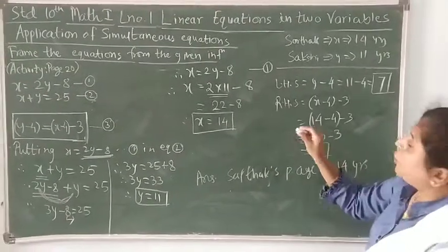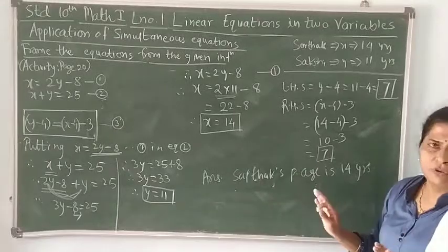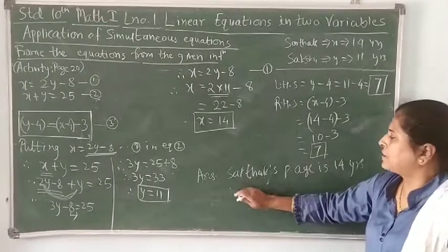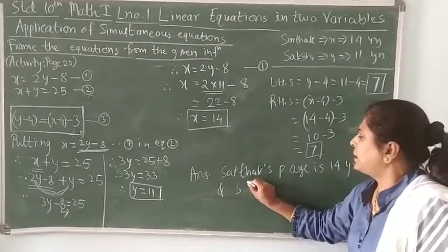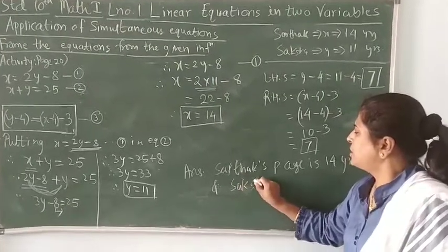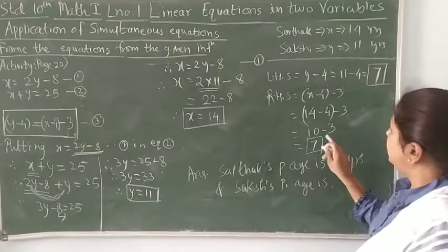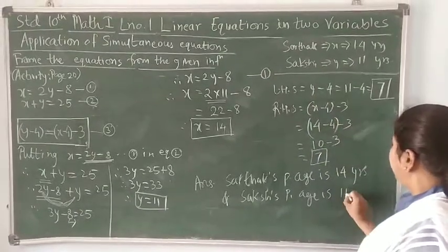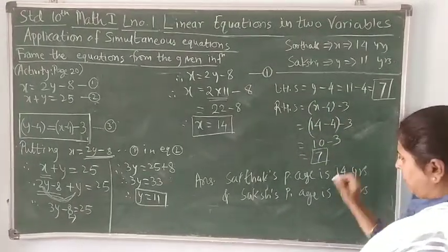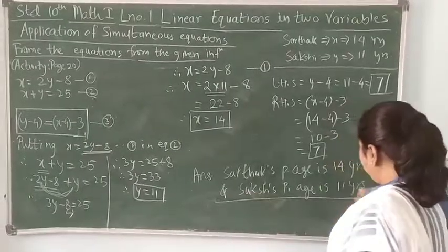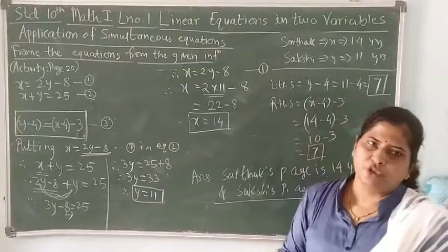Here your answer will not be x is equal to this and y is equal to this. You have to write the answer in words. And Sakshi's present age is how many years? Sakshi's y, it is 11 years. So your answer should always be in words. When it is a word problem, your answer should be in words.